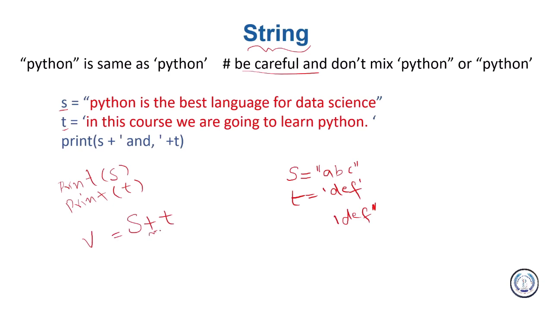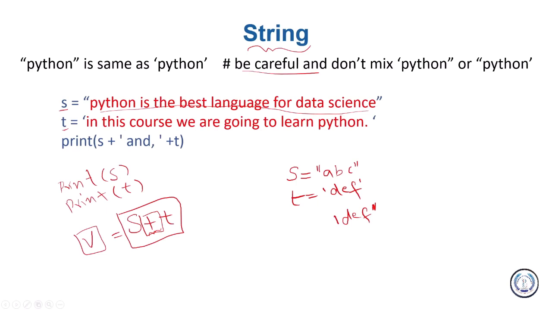The plus symbol in strings means concatenate. First you copy the whole first string, then you concatenate the other string with it, and the result is a new string. Now that's a new variable, and you can do a lot of stuff with it.